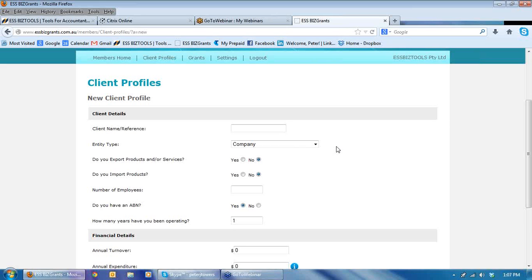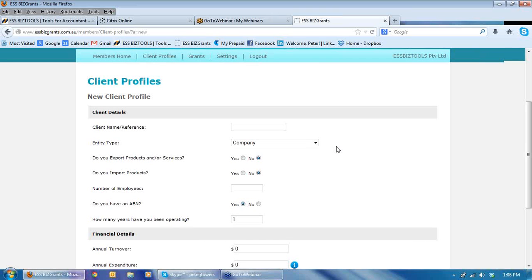It will take about 6 minutes, and then have one of your team review the possible list, the pending list as we call it, so that a decision can be made as to whether to recommend to the client that they proceed with a government application.